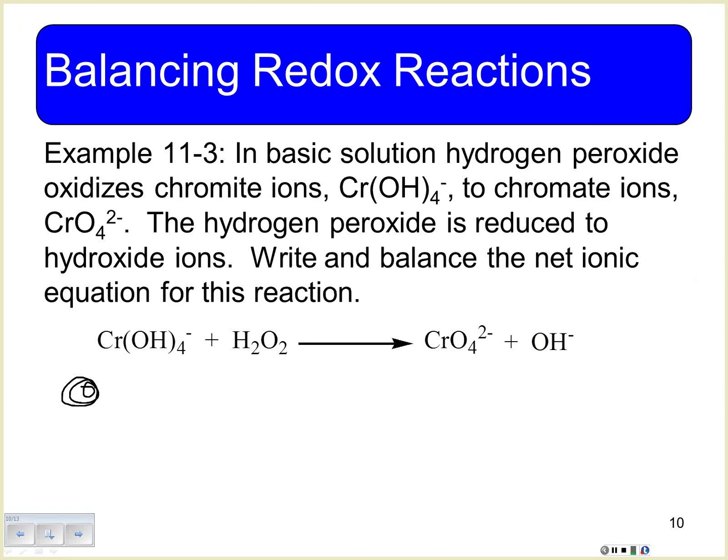Okay, so we're going to have an oxidation reaction. We're going to have a reduction reaction here. So we have to figure out which one is which. As you find what looks the most alike, they go together, so we have chromium here and chromium here as well.